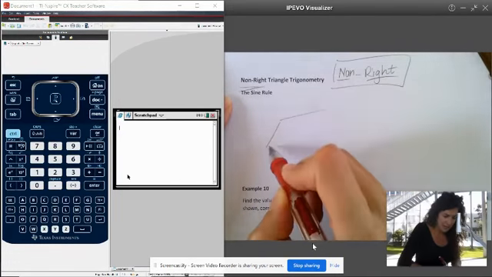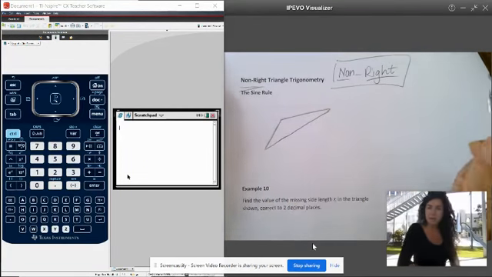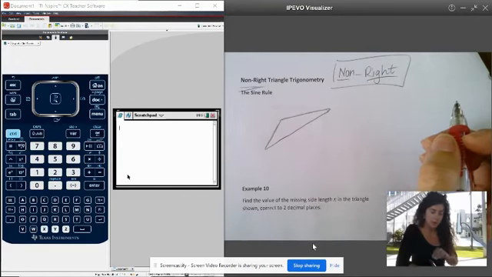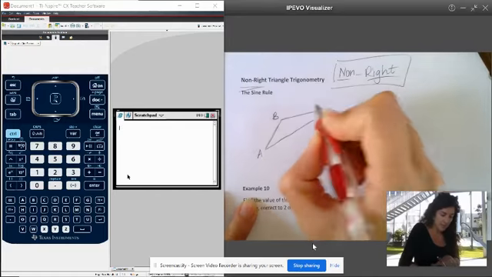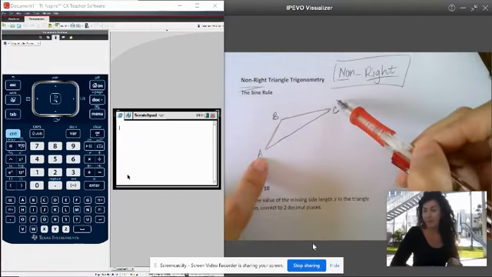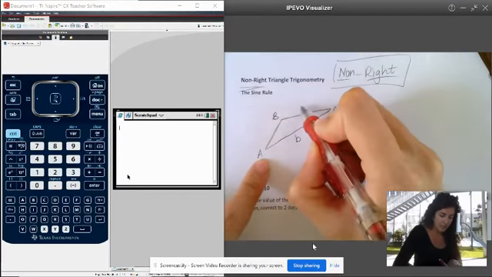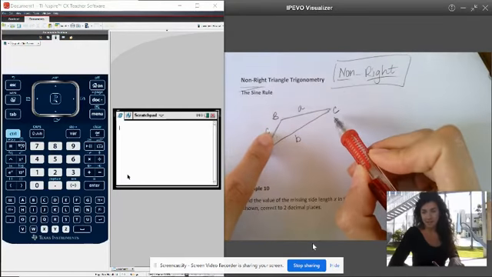So let's say that I have a non-right triangle. How we label triangles in general is that the uppercase letters are always the angles. So if I label this A, B, C, your uppercase letters are the angles, whereas the lowercase letters are the sides opposite of that angle.